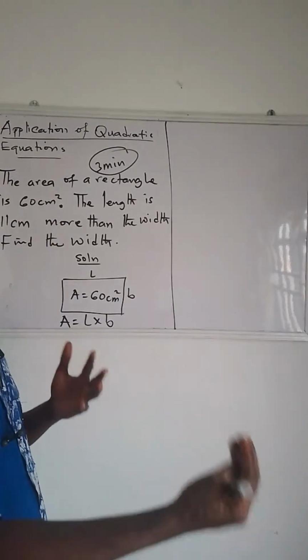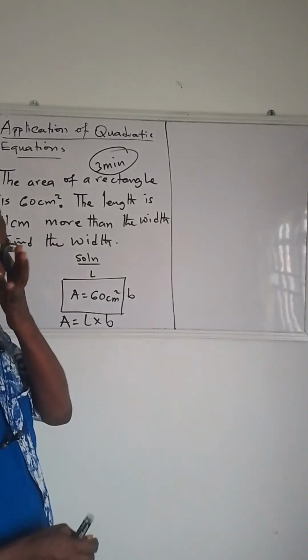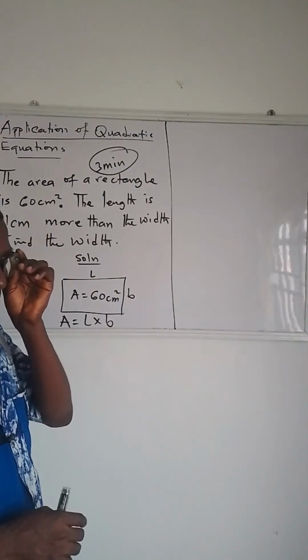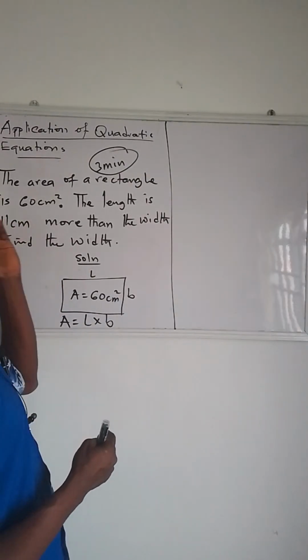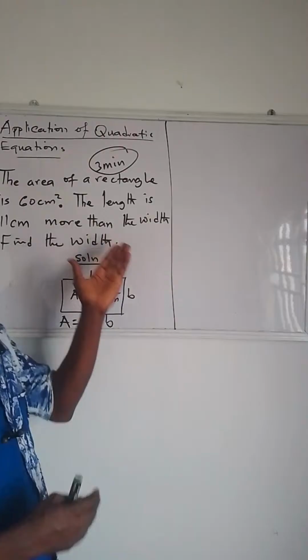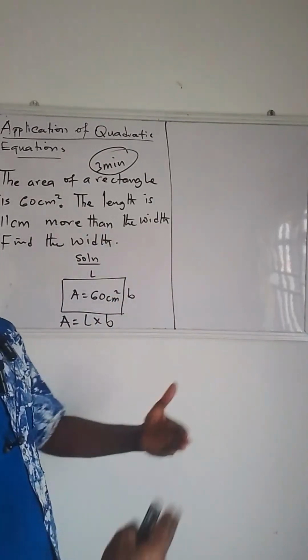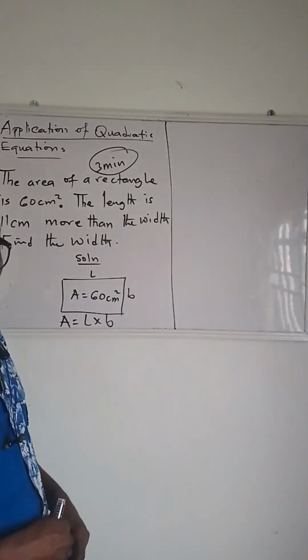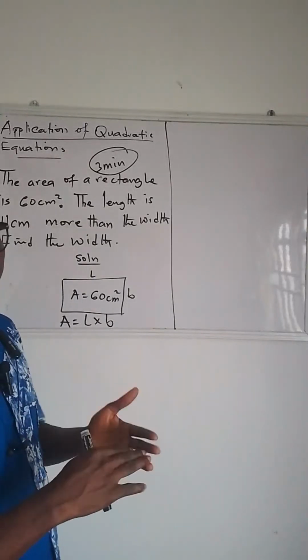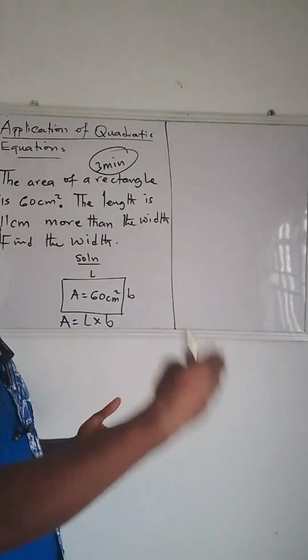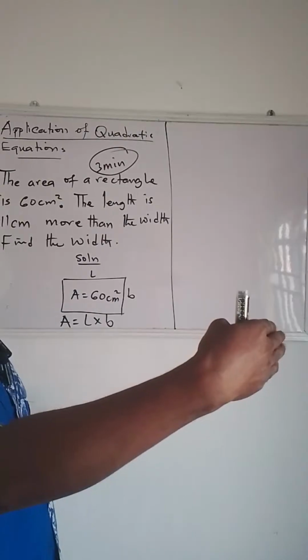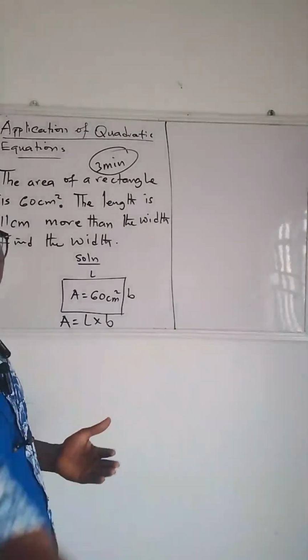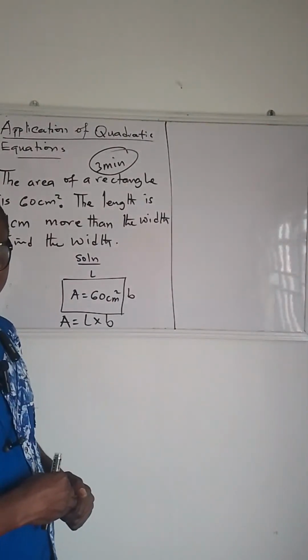Just add 11 to 10. The question says that the length is 11 centimeter more than the width. So if the width is 10, the length will be 10 plus 11, and that gives you 21.